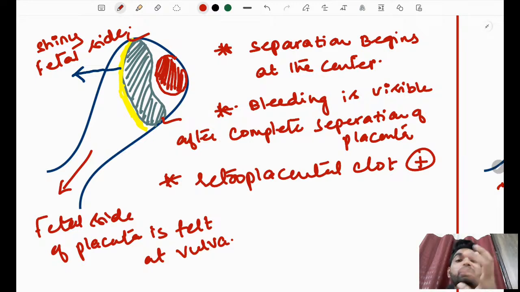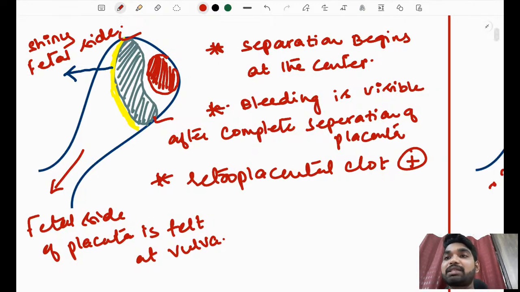Again I am telling you, in Schultz method, once the placenta gets separated completely, the shiny fetal side, I told you, this one, the shiny fetal side appears at the vulva. The vulva is the vaginal opening. Okay, shiny fetal side appears at the vulva after complete separation of placenta.